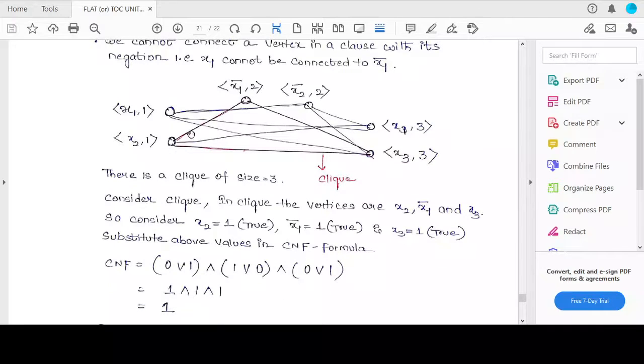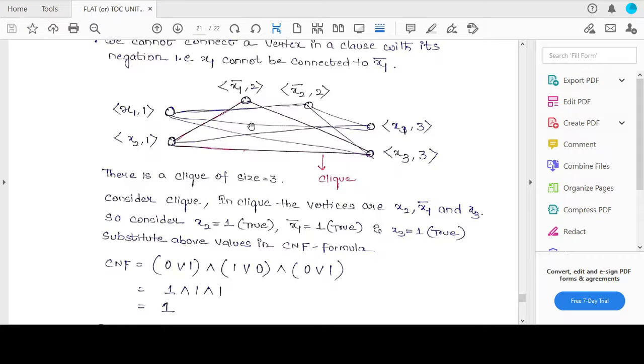Here I have taken one clique which has size 3. In this, the vertices are x1 bar from class 2, which is connected to the x2 vertex of class 1, and they are connected with the vertex x3 of class 3.